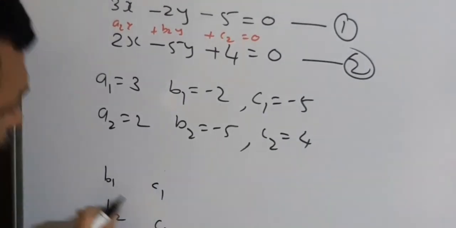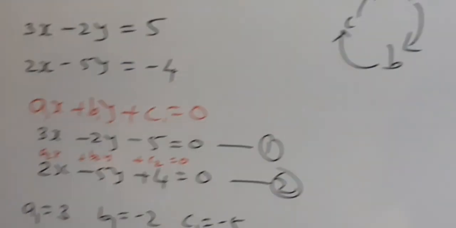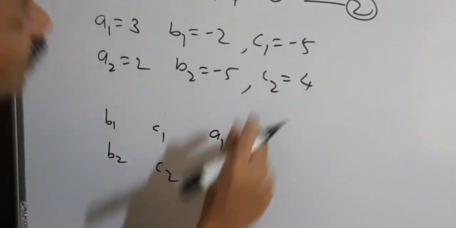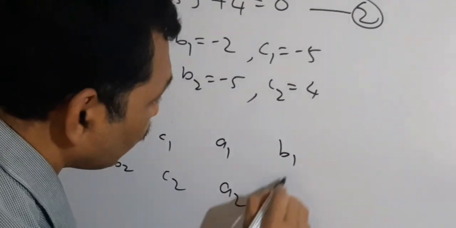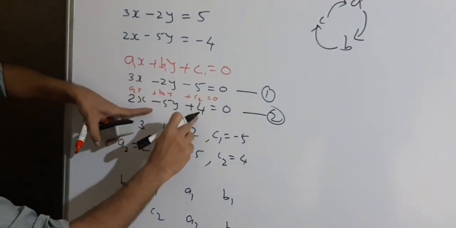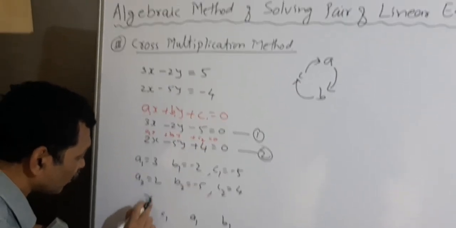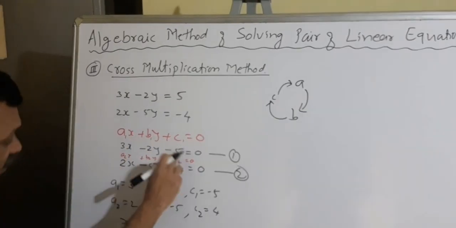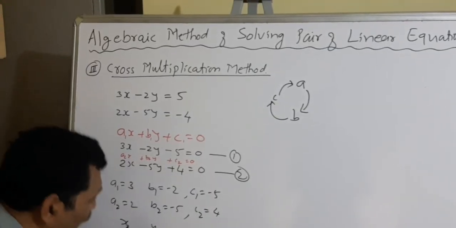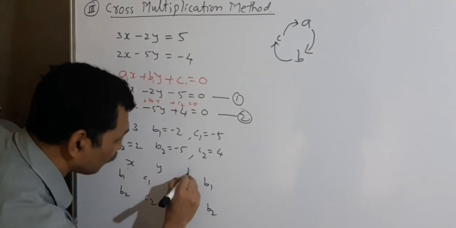Cyclic order means from A we go to B, from B we go to C, from C we go back to A. Now b1, b2, c1, c2 does not contain the coefficient of x, so I am writing x here. Then c1, c2, a1, a2 does not contain the coefficient of y, so I am writing y here. And a1, a2, b1, b2 has no constant, so I am taking 1 here.